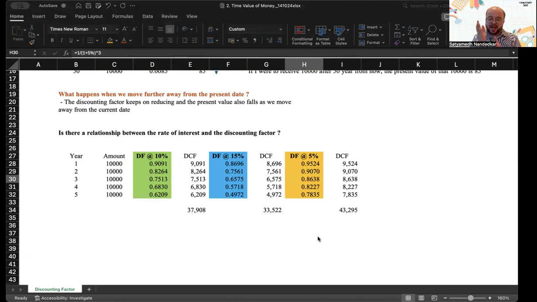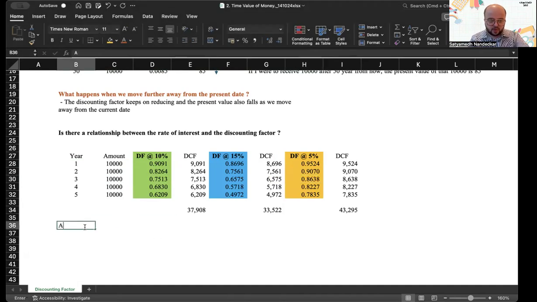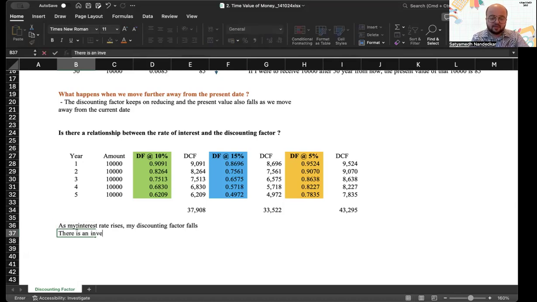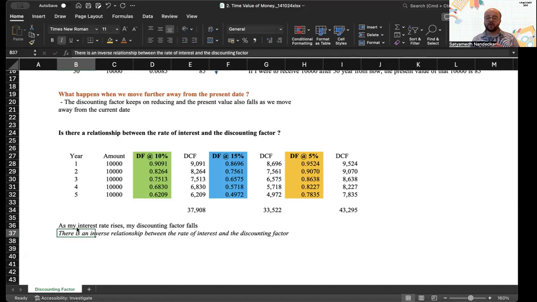Your one takeaway is, as my interest rate rises, my discounting factor falls. That means there is an inverse relationship between the rate of interest and the discounting factor.